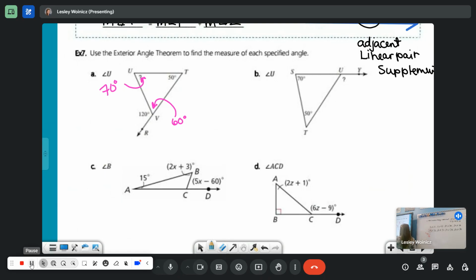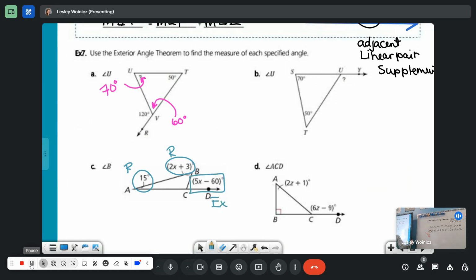All right, what about this guy? So here we have an exterior angle. Okay, this is the little adjacent, and these are the remote interiors. And this is the exterior.